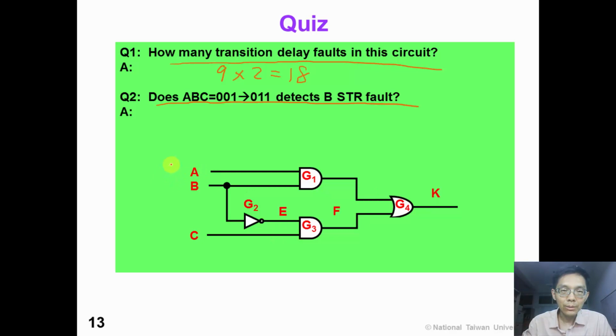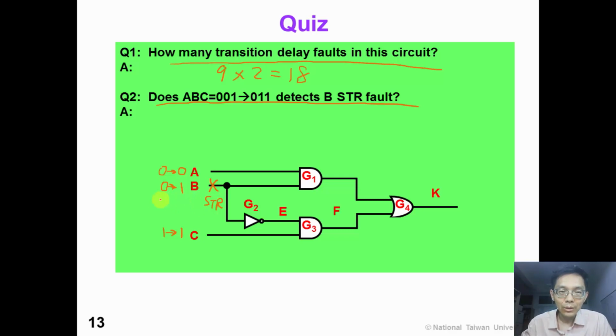Now, for question number 2, we apply 0 for input A, 0 to 1 for input B, and 1, 1 for input C. Now, we want to detect B slow to rise fault.